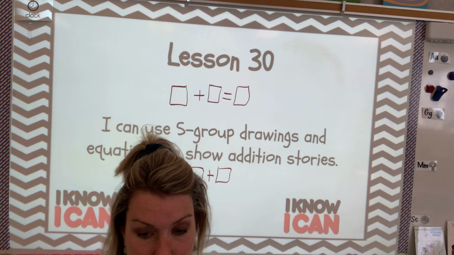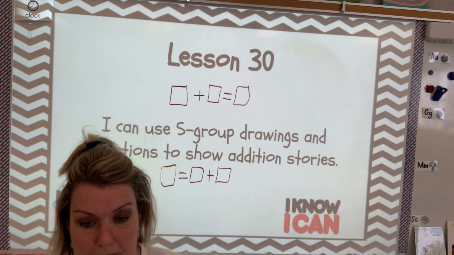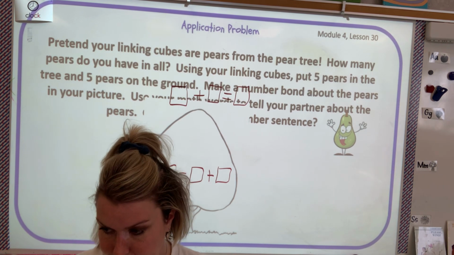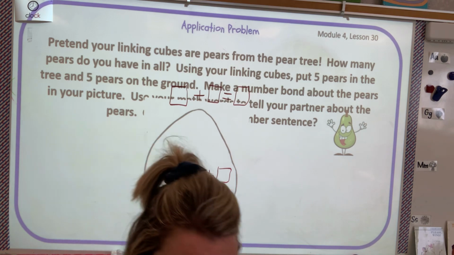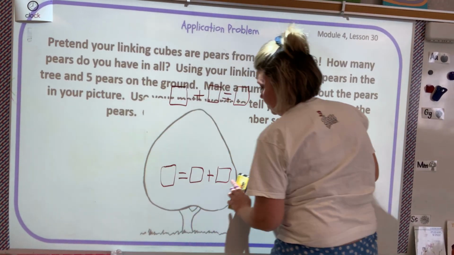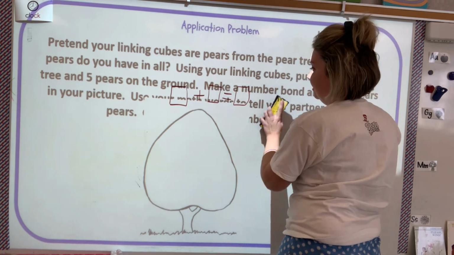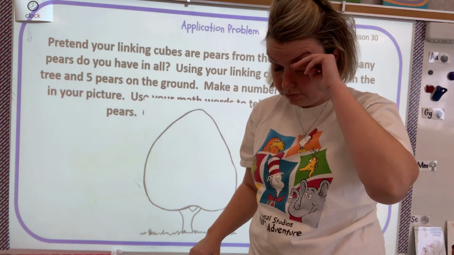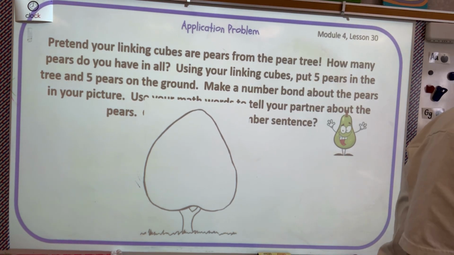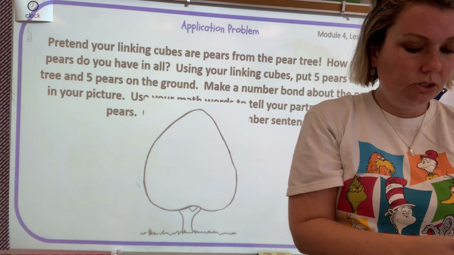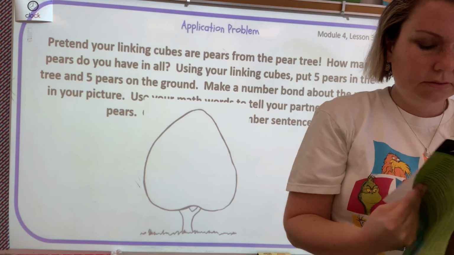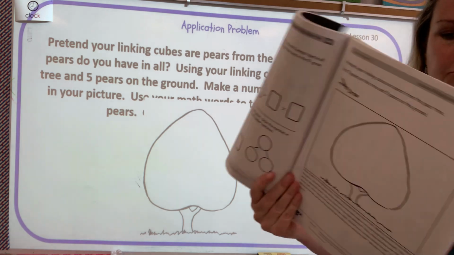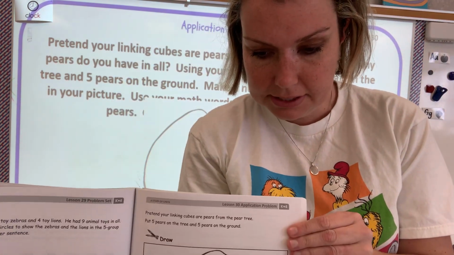Okay, so that one dealt with subtraction. Today, we're going to be talking about addition. Let's go ahead and pull out our application problem in our handy dandy math book. I'll tell you the page number. It's on page 125. Looks like this.